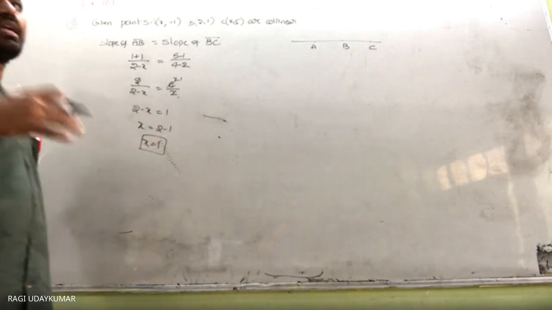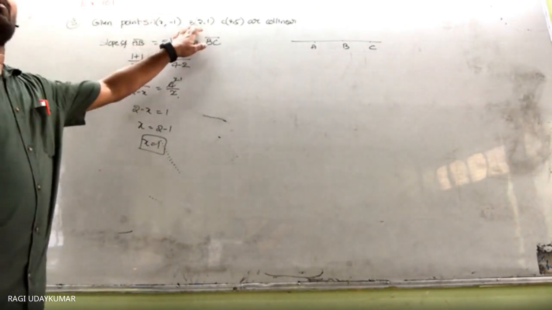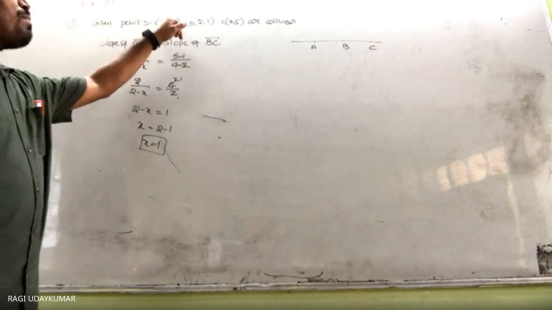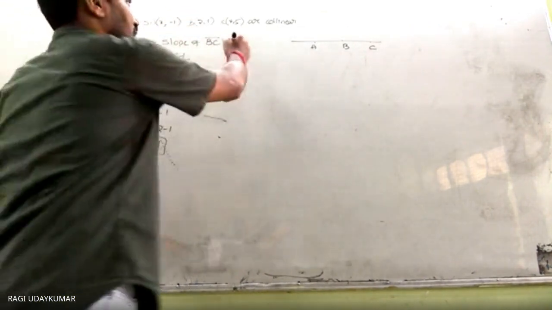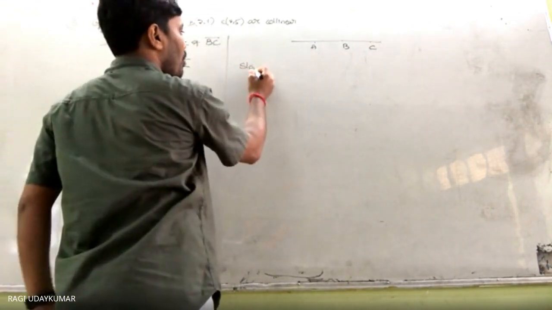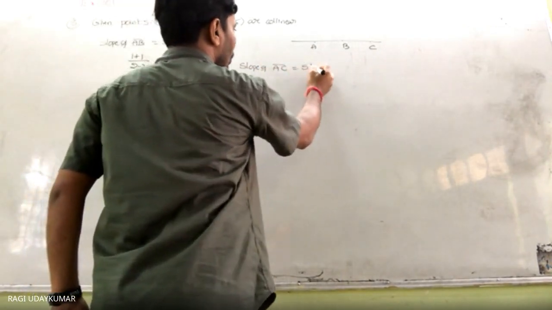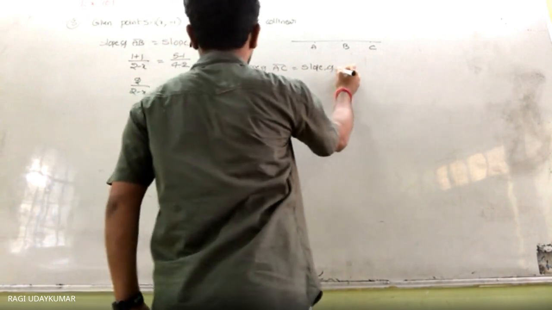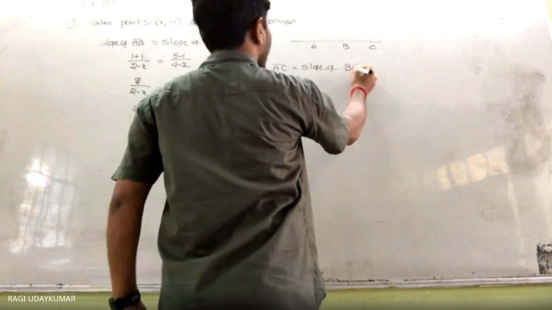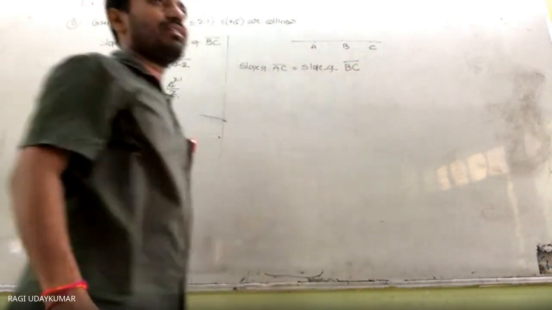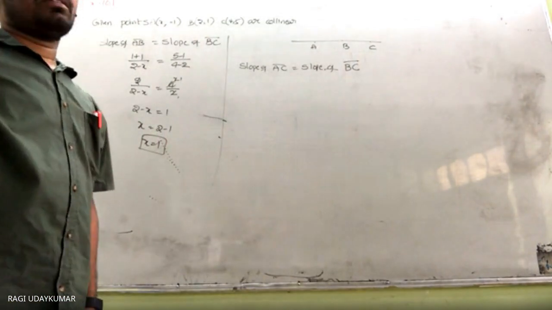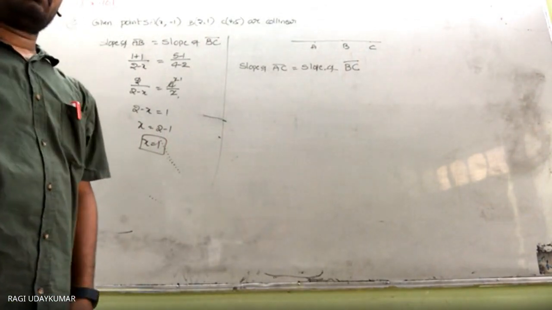And the same problem can be done in another way. I have taken the slope of AB equal to BC. If you take the slope of AC equal to the slope of BC, will you get the same answer? Yes, sir, the same comes. You can check.